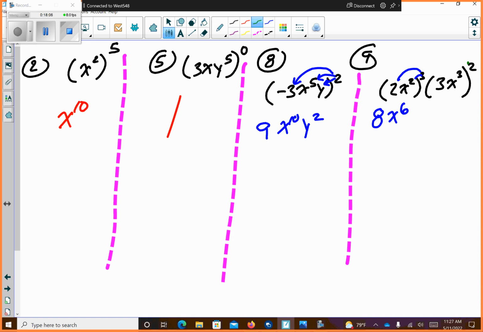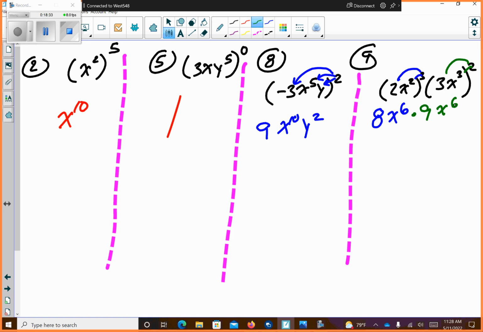Let me change color. What is 3 squared? 9. Good. And what is the x going to be there? X to the 6th. Very good. Now, we're not done with the problem. I would bet you I will have that as one of the answers, and it's going to be wrong. What do you think I still want you to do? I want to multiply the exponents.